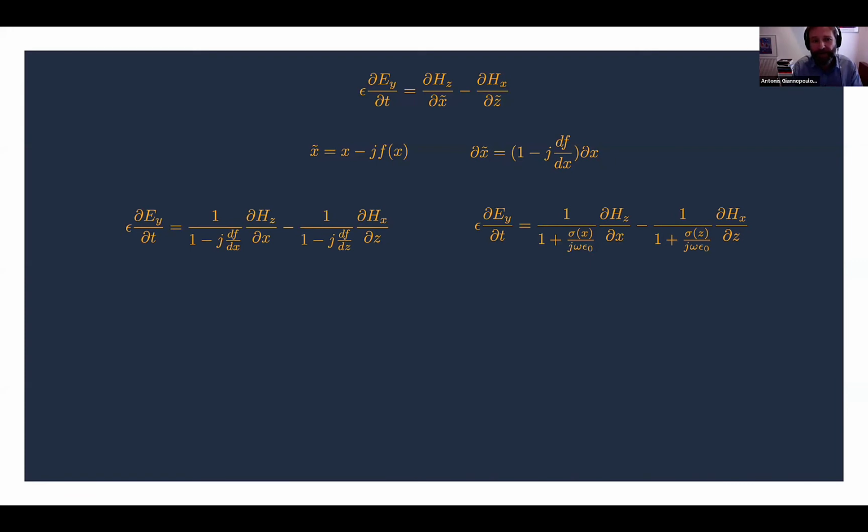If I replace df over dx with what was defined originally and manipulate the j to go to the denominator, then I see that I have the same equations that I had, but all spatial derivatives appropriately scaled by a complex function.